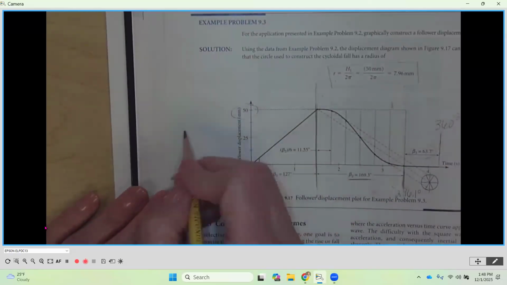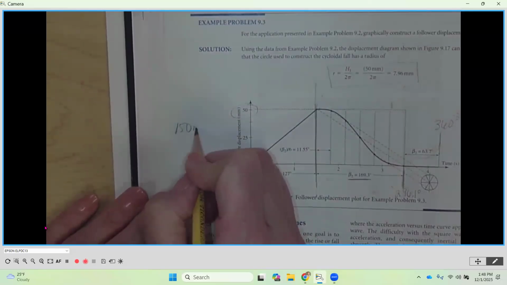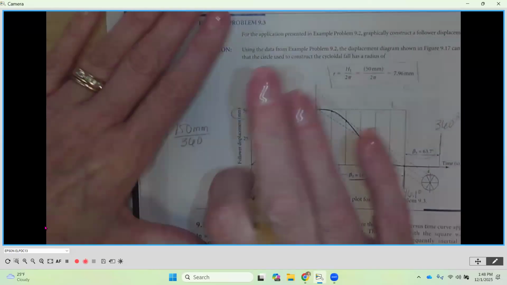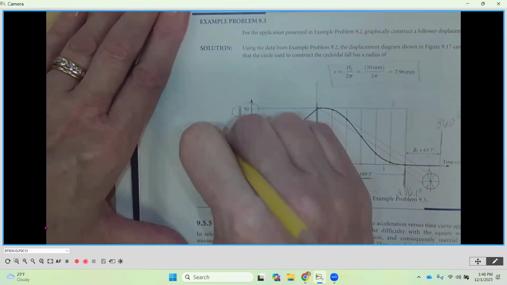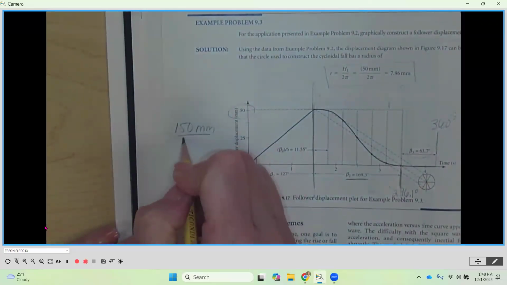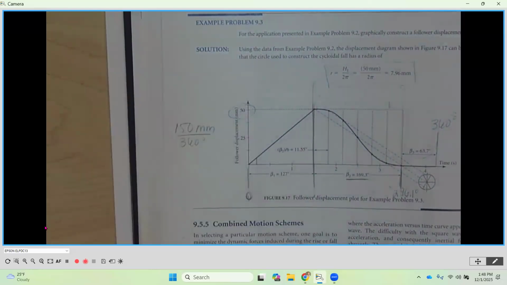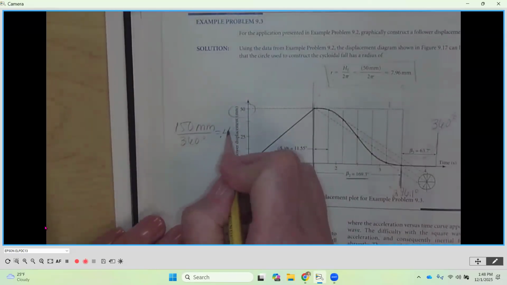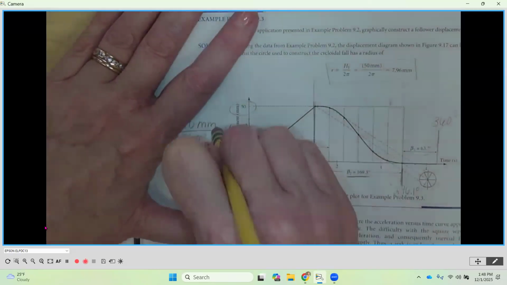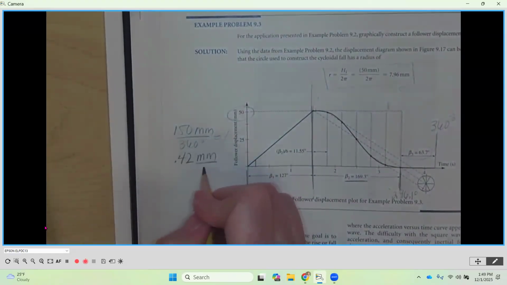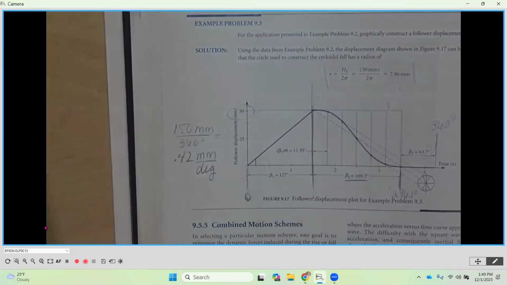So what you're going to do is take 150 millimeters and divide it by 360. Sorry, millimeters per degree. 150 millimeters divided by 360. And what number do you get here? Yep. So you're going to get 0.42 millimeters per degree, right? 0.42 millimeters per degree.